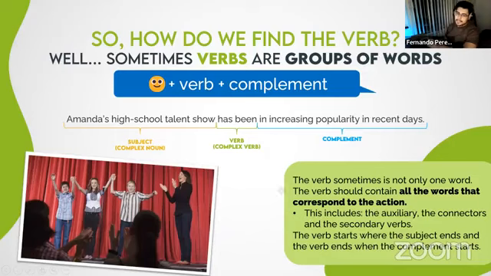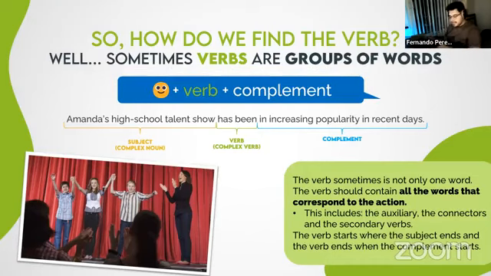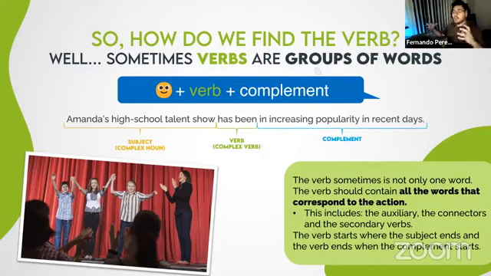Fantastic. Because now I'm going to teach you how to find the verb. I can see in the gossips that you have many problems with the verb in particular. How do we find the verb? Let's understand something super important. Sometimes verbs are groups of words, like in the previous example. Look at this example here.